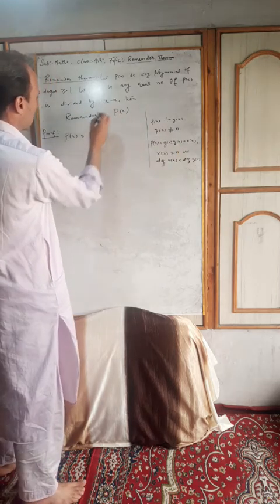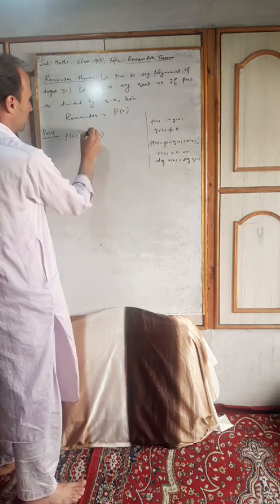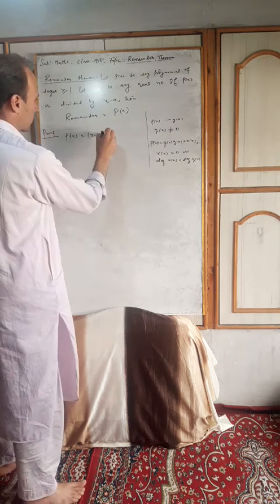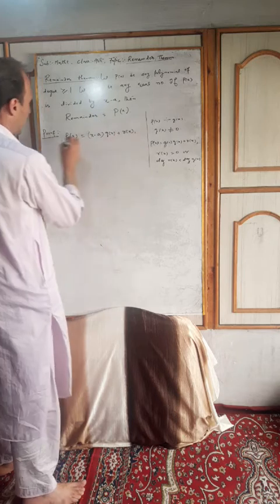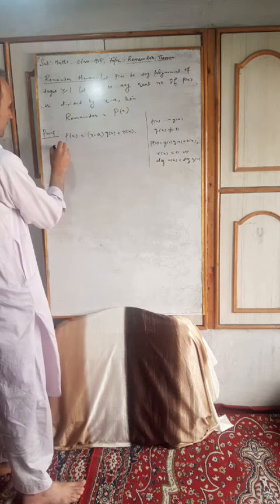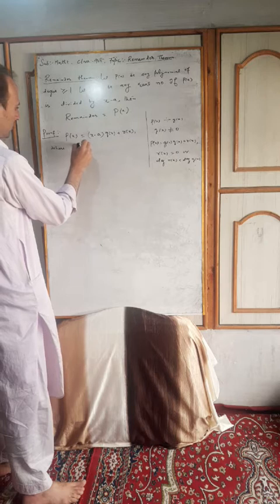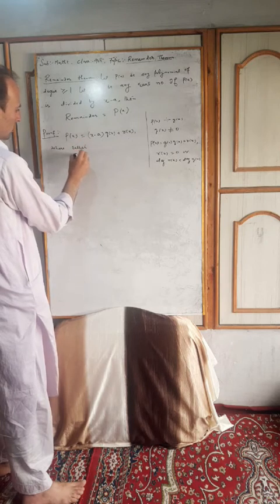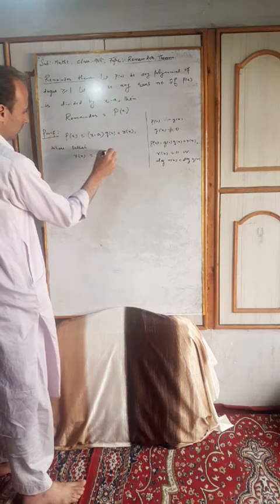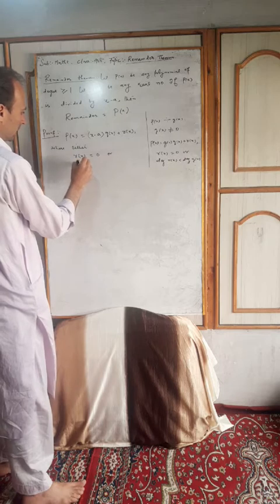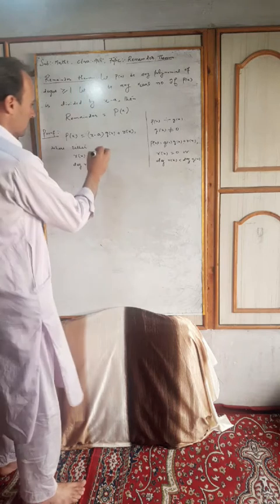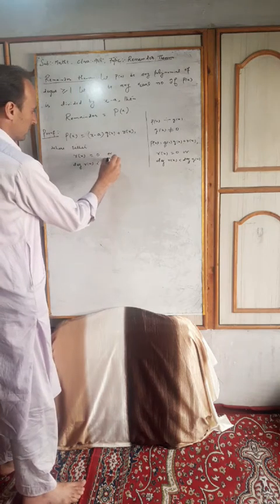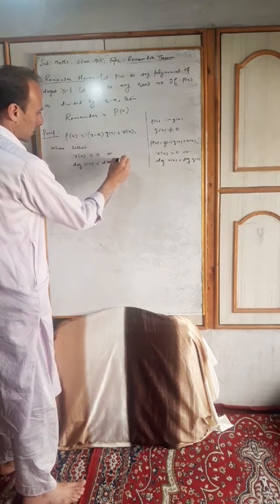In place of g of x, we are having x minus a into q of x plus r of x, where either r of x is equal to 0 or degree of r of x is less than degree of g of x. In place of g of x, we are having the polynomial x minus a.